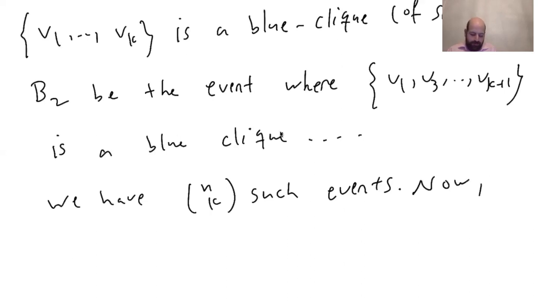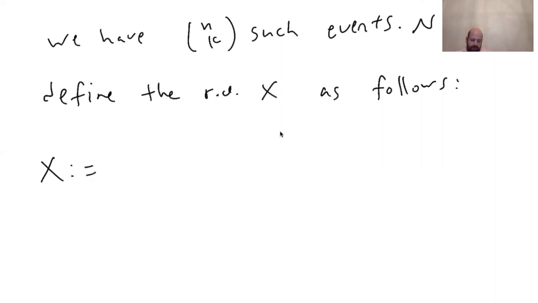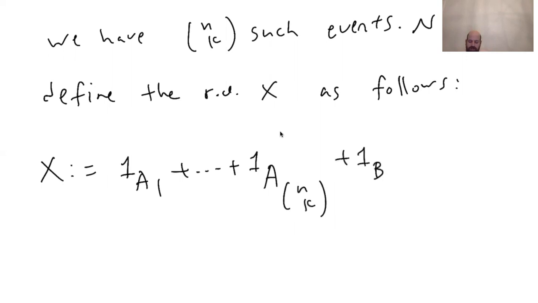Okay, now define the random variable X as follows. X is the sum of the indicator random variables 1_{A1} all the way to 1_{A(n choose k)}. Remember we had n choose k such events. Then 1_{B1} and again n choose k such events.